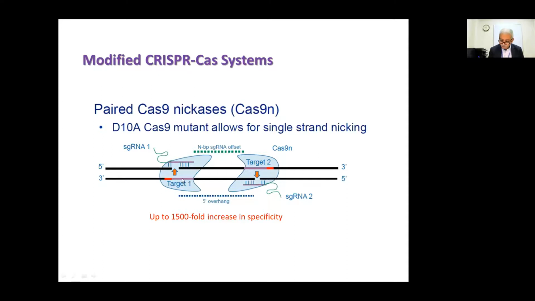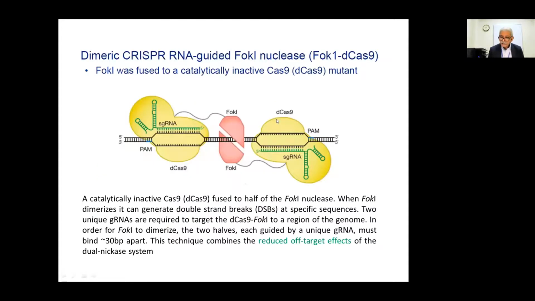So they modified the Cas9 further, and they took away its capability to cut the double or single stranded DNA at all. And they generated this mutant known as dCas9. What is dCas9 capable of? It can bind to the DNA, it can bind to a gRNA complex, but it does not cut the DNA at all.